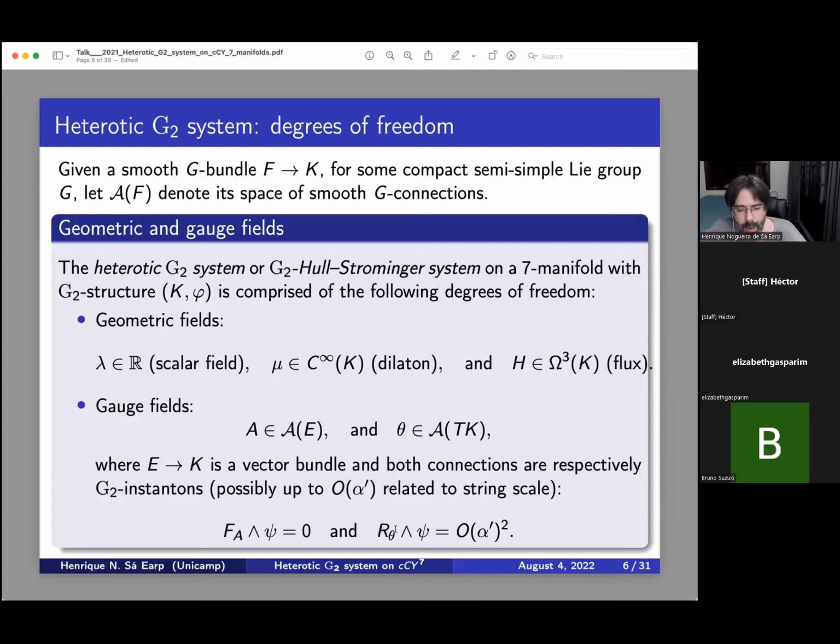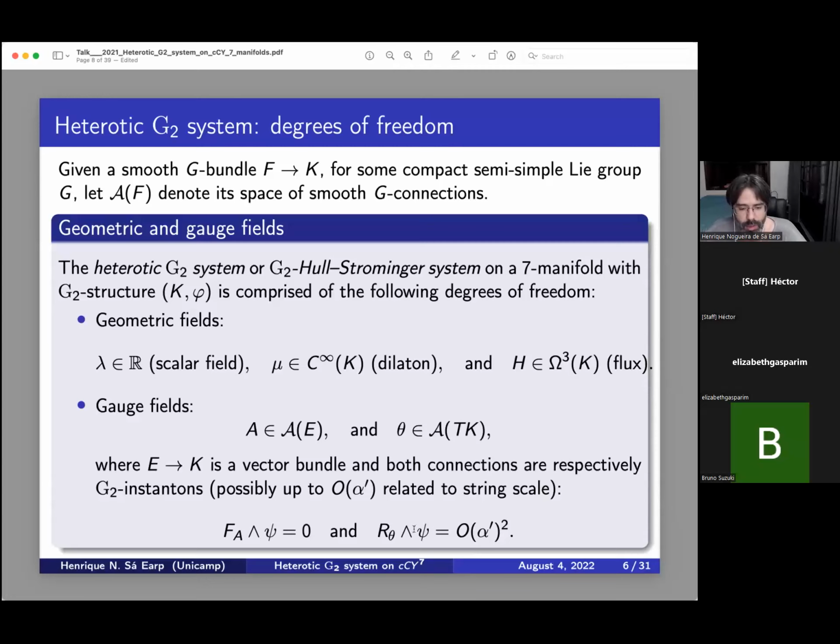And moreover, the condition on the theta connection on the tangent bundle can be relaxed a little bit to be just to orders of alpha prime, which is called the string scale constant. So it doesn't have to be an instanton on the nose. It would be great if it were, but the Strominger system is dramatically overdetermined as it is, so we need to use any freedom we can have to try and produce solutions.